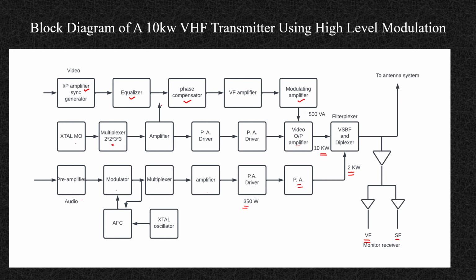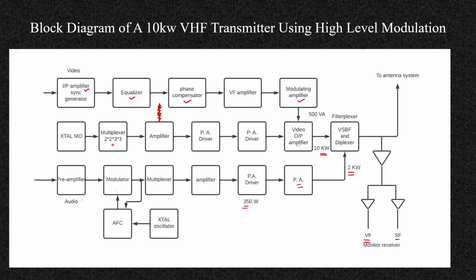So this is all about, this arrow is by mistake. Okay, so this is the block diagram of a 10 kilowatt VHF transmitter, where very high power will be transmitted.